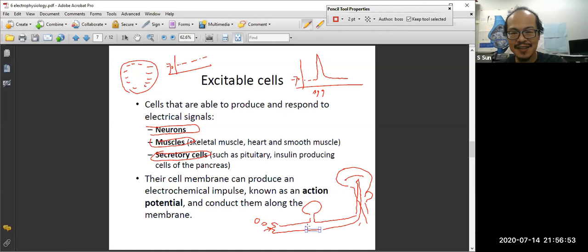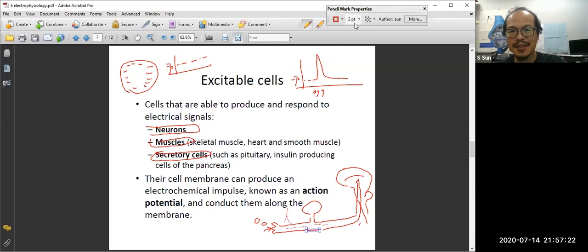It's so sensitive. Inside of the cell is negative, and then it generates an action potential.